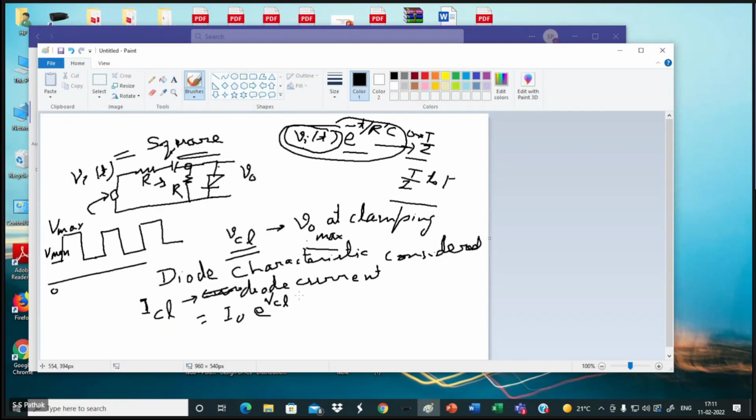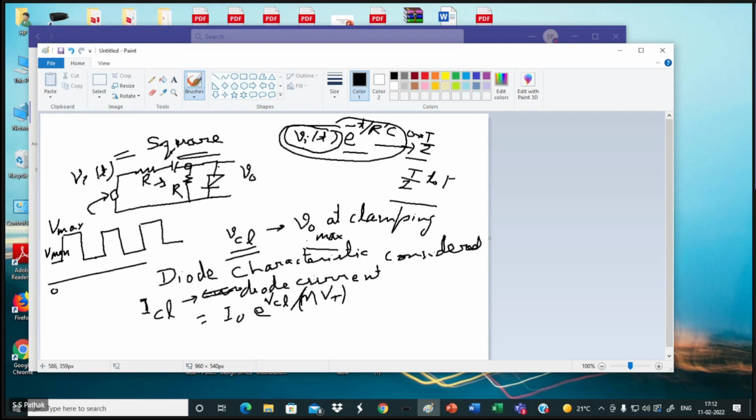So this VCL divided by eta and this VT. You know this barrier potential is VT, the barrier potential of the diode, which is manufacturing-data dependent. And VT is the electronic charge divided by Boltzmann constant into absolute temperature.